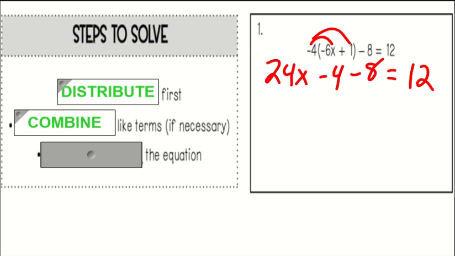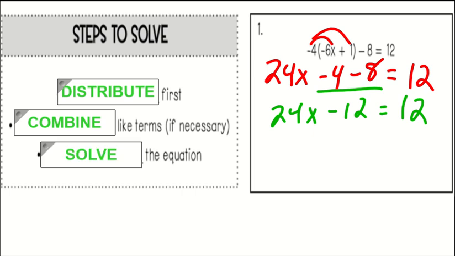We're going to combine like terms. Is that always going to be necessary? No, that's why it says in parentheses, if necessary. So we have 2 constants there we can combine. So I've got 24x. If I've got -4 and a -8, signs are the same, that means I do what? Add, and then I keep the sign. So that makes a -12, and still equals 12.